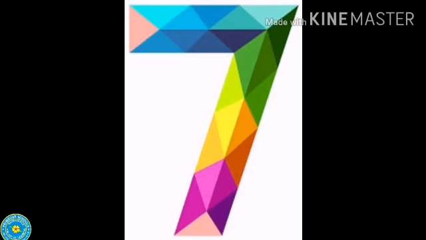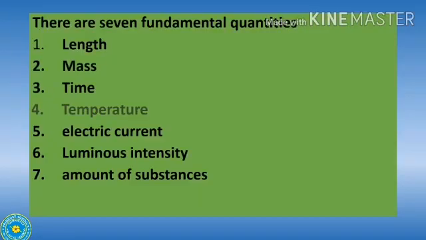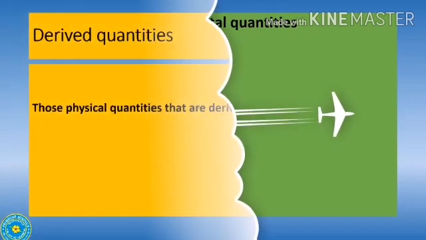They are length, mass, time, temperature, electric current, luminous intensity, and amount of substance. We will learn about these quantities in detail in upcoming classes.